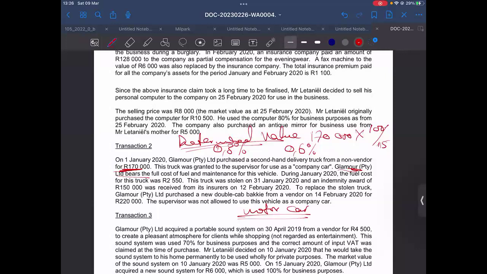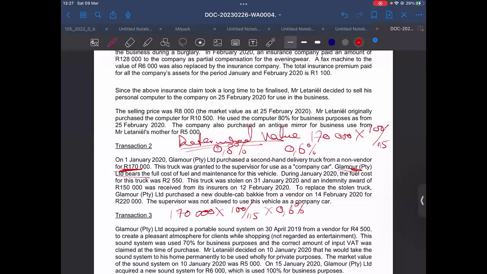So by saying 170,000 times 100 over 115 times 0.6%, you get your value of fringe benefit. We call this cash equivalent.